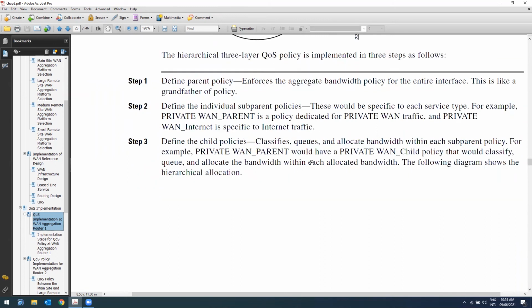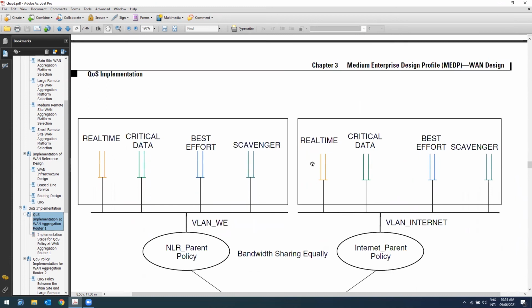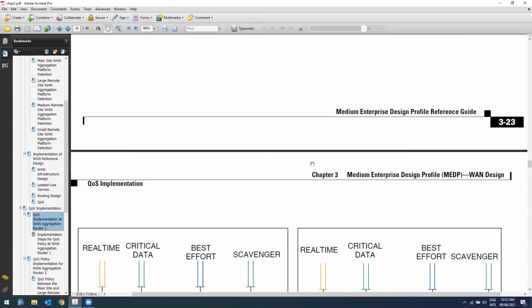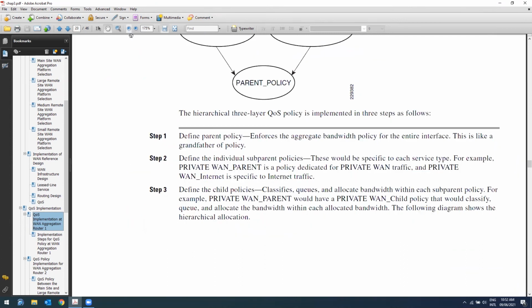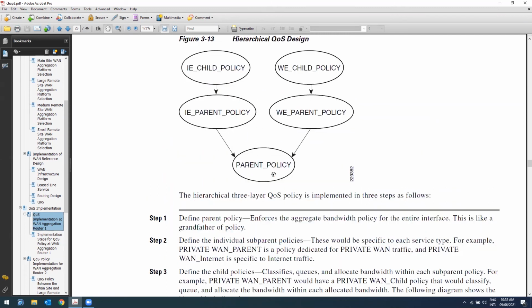Now this goes into the configuration bit, how they configure it. I will try and find some good videos and put them up on how they actually configure those routers and switches so that you get an idea. This one you can read on your own time, but I'll try to find a video that is appropriate for this.